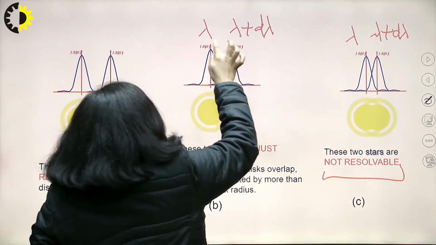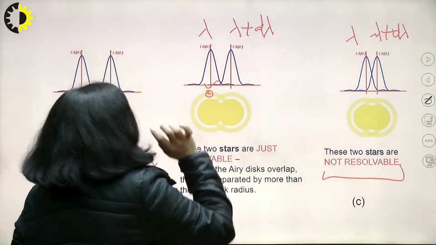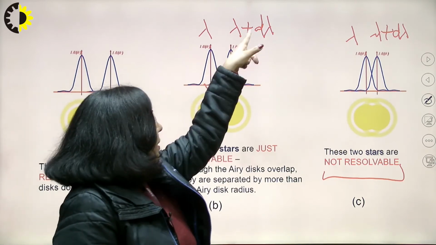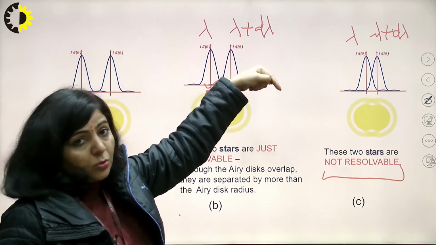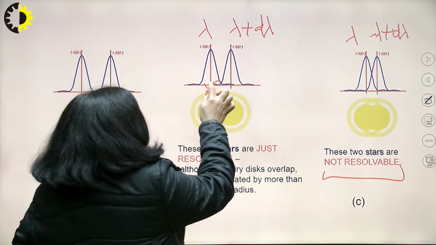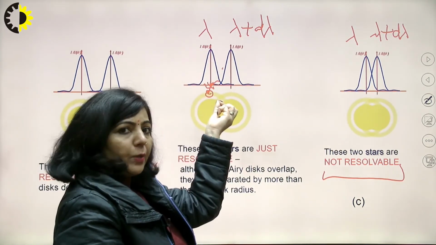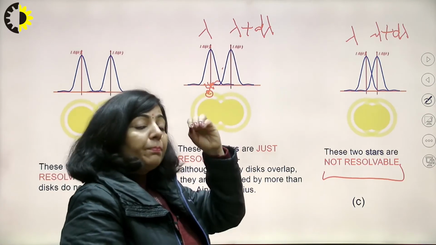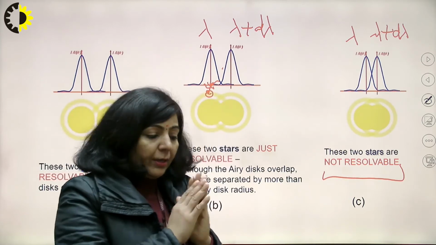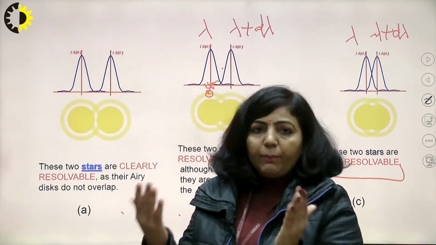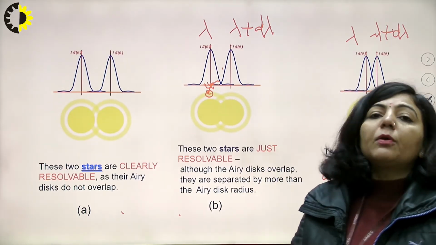If the central maxima of the first source is observed at theta angle and the minima of the second source, that is lambda plus d lambda, is also observed at the same angle theta, means the central maxima of the first one is coinciding with the first minima of the second source, then at that point, initially both the patterns were overlapping and they were appearing like they are coming from a single source.